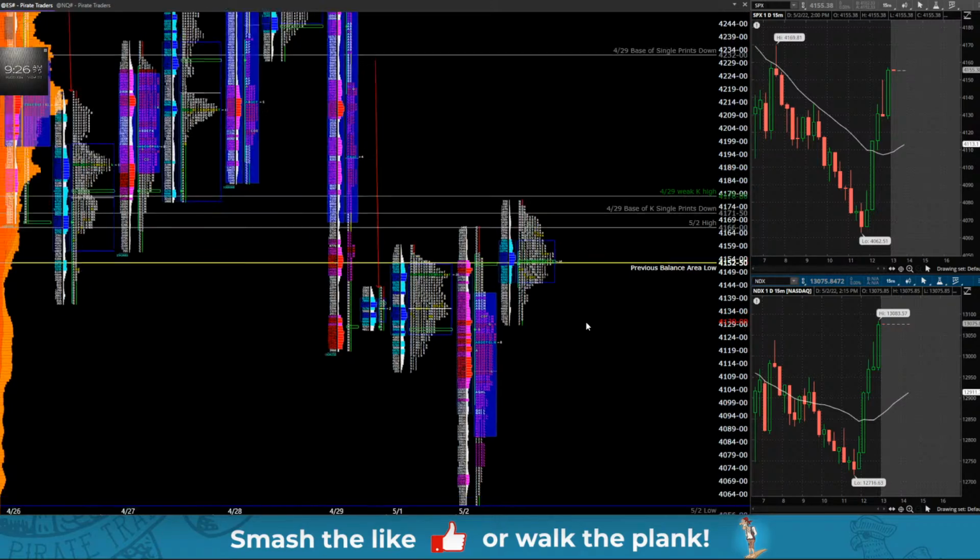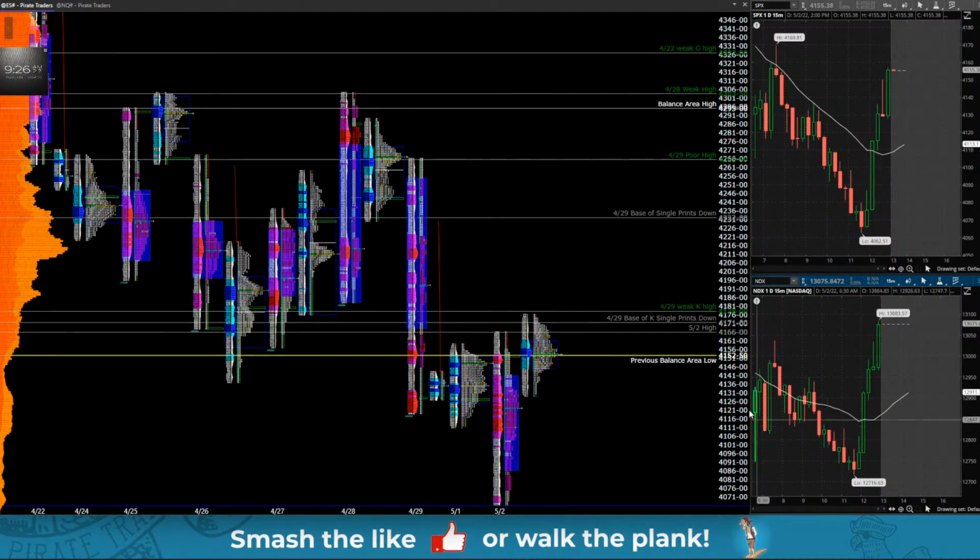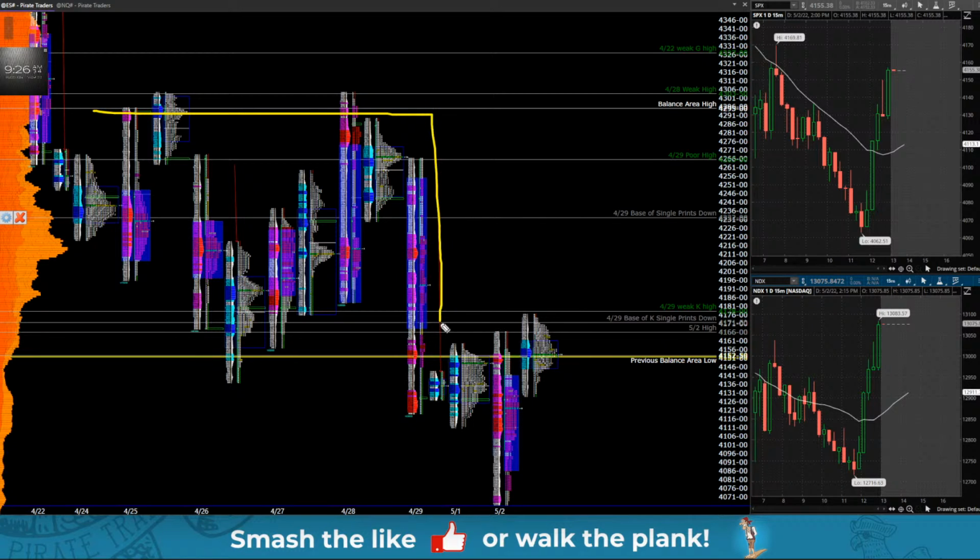What we have is a balance area. The market has been bouncing around inside this balance area for a couple of days last week. And so we have what we call balance rules that tell us how to play a balance area. Now we're opening right on the low, so that doesn't really give us a clear signal one way or another.